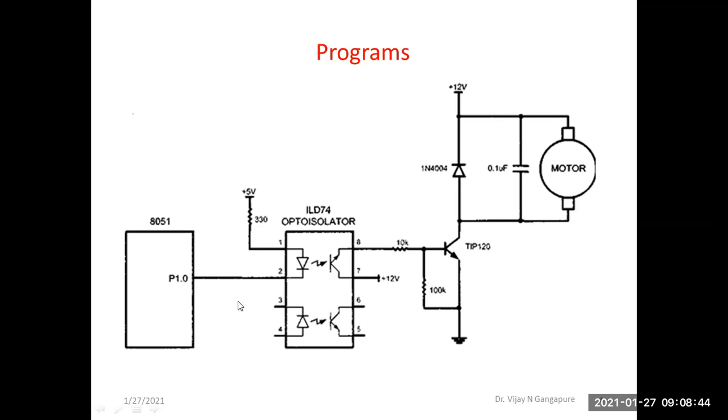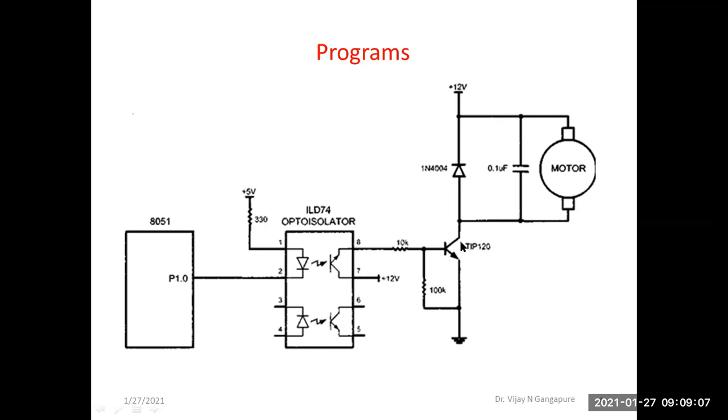Okay, so here, if the output of this pin number 0 of port 1 is 0, what will happen? This internal LED of this opto isolator will conduct, because anode is connected to plus 5 volt, and if this cathode is 0, the LED will conduct, and due to that this photo transistor will conduct, and it will turn on this transistor.